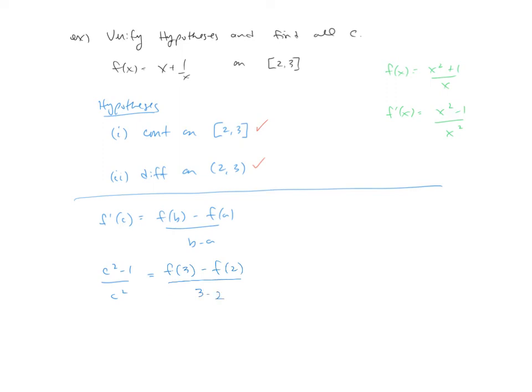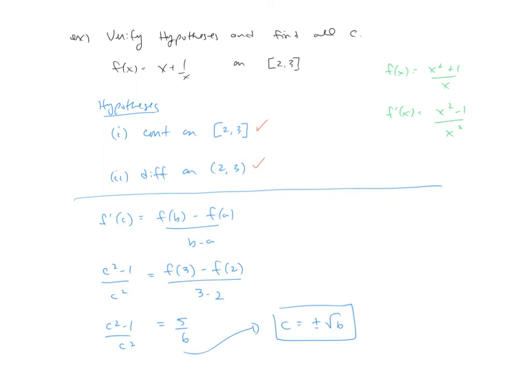When all is said and done here on the right-hand side, that does simplify to 5/6. And from there we could solve and we would get c equals plus or minus the square root of 6. So again, plot this on Desmos, see what you're dealing with. You can even plot those lines in there if you need to, but I think this is a good example of what to look for in these types of problems.